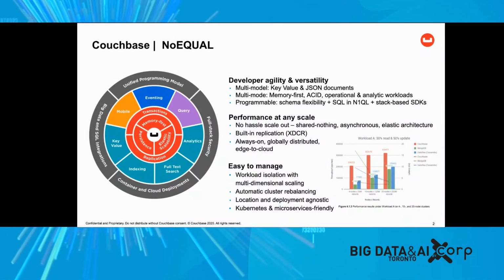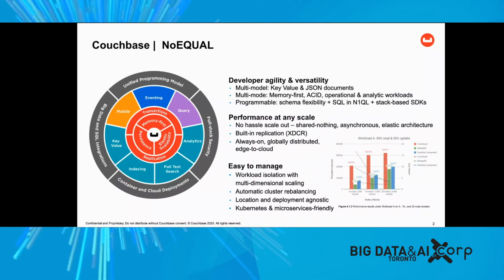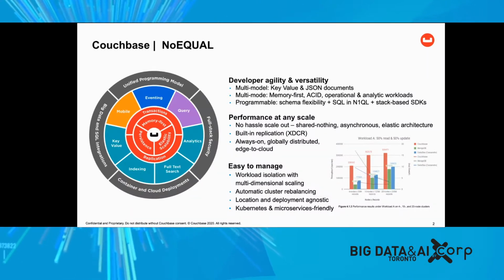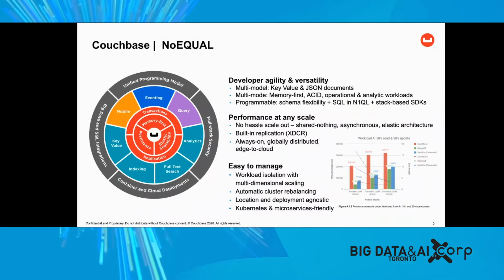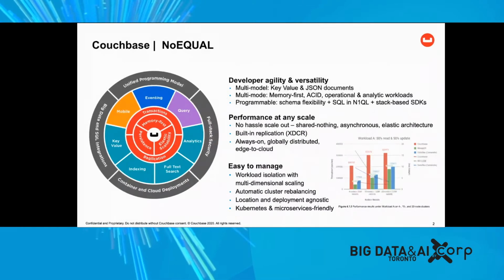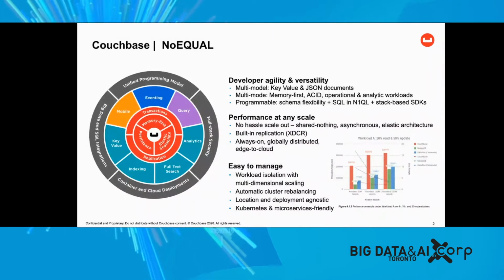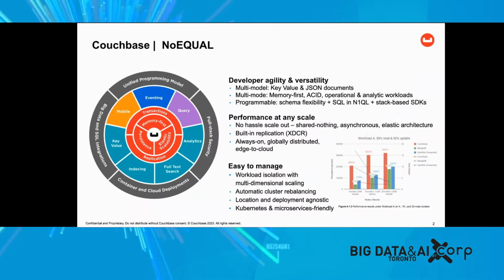We give developers different options and tools within our platform to enable them to develop however they want. Our database is a key value database. You can store any documents in our database. If you have the key, we provide you the documents super fast because we're a memory first architecture.